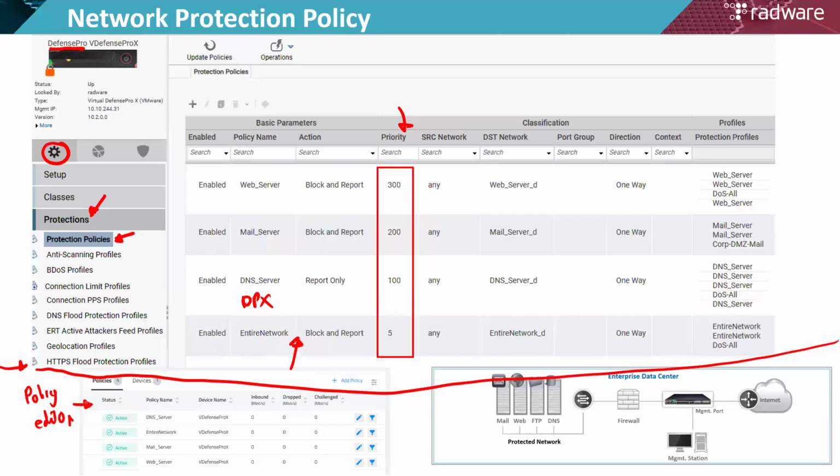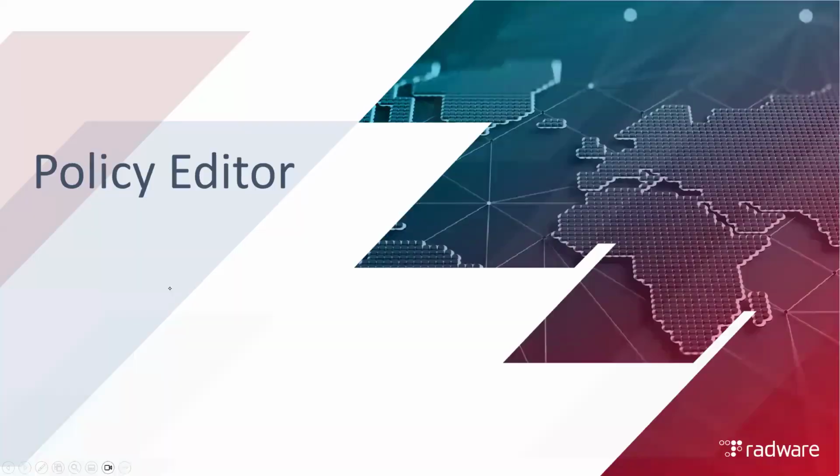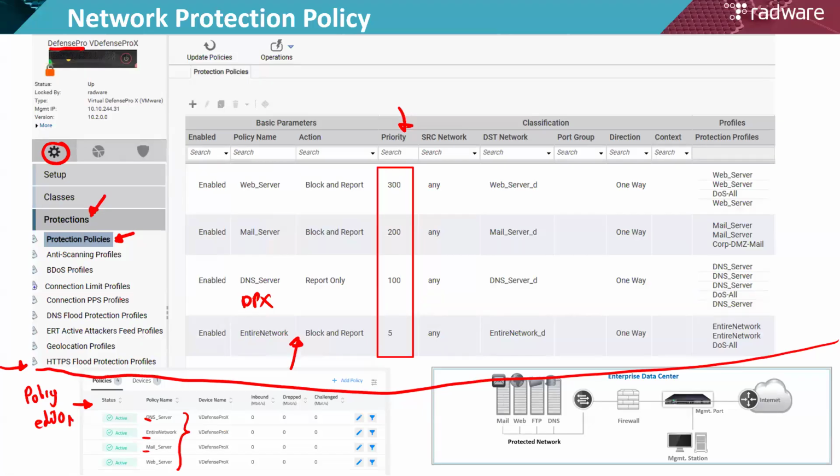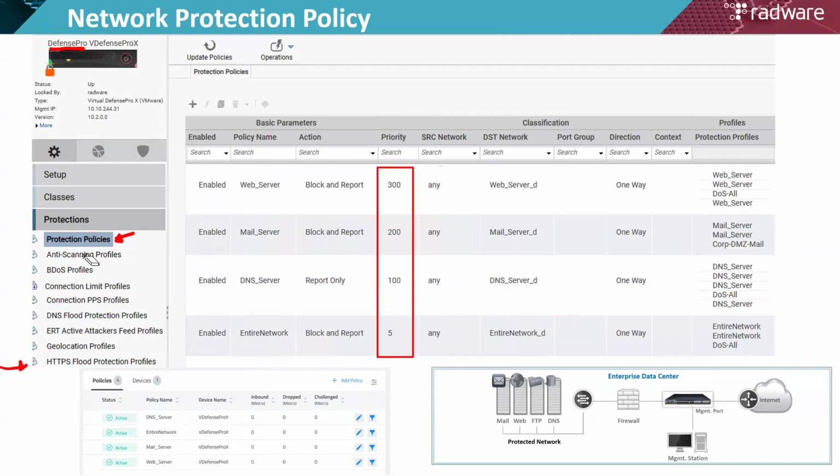Under the policy editor, it is shown in alphabetical order, like D will come first, E, M, W, etc. Right now we do not have an option to show it by priority, but that is one of the limitations. So you can always check on the Defense Pro page as well. On the Defense Pro, it is properly classified based on the priority aspect. That is one thing that I wanted to let you know.